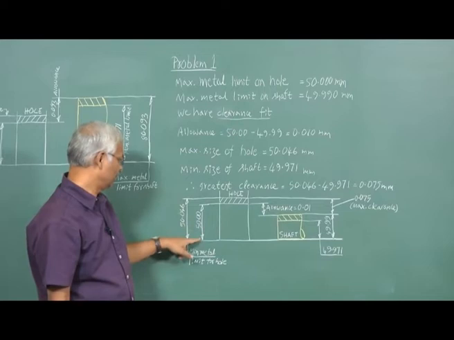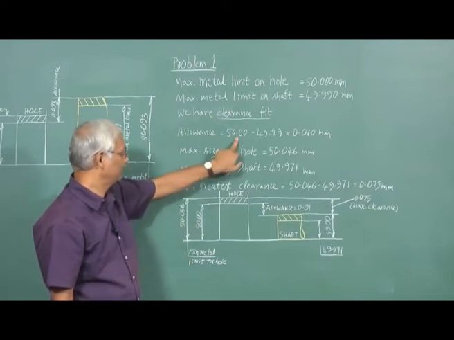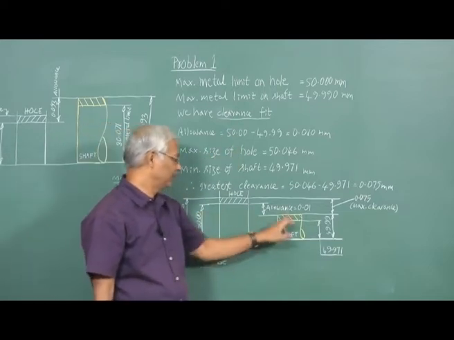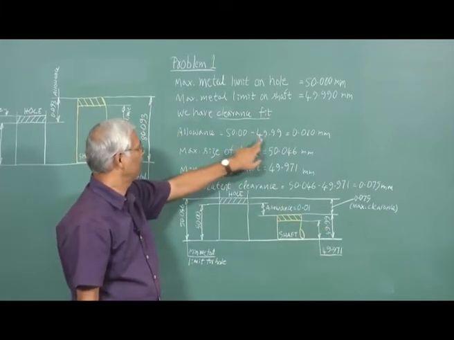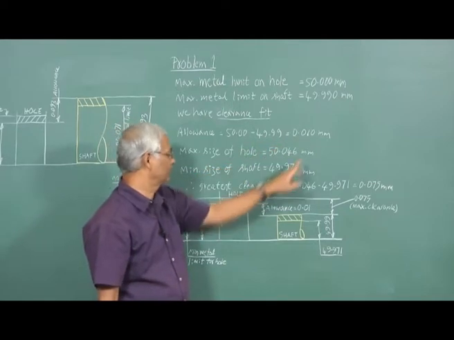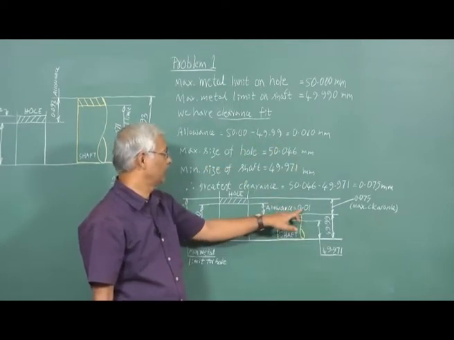So the maximum metal limit for the hole is 50 millimeter, and the maximum metal limit for the shaft is 49.99 millimeter. The algebraic difference gives the allowance, that is 0.01 millimeter.